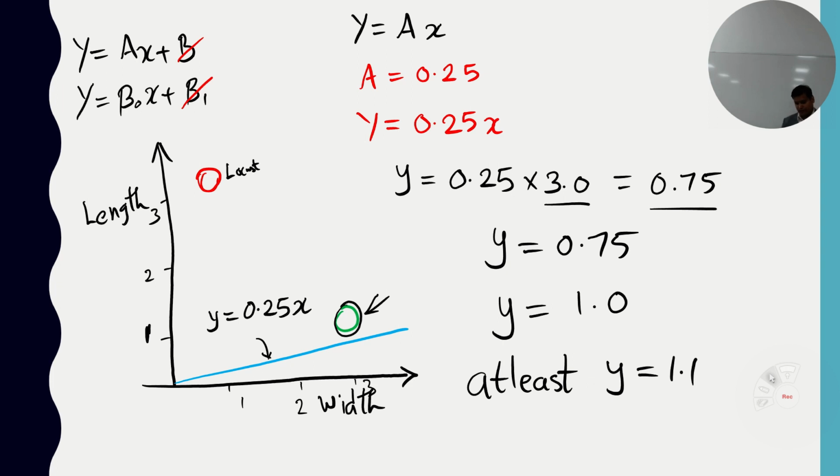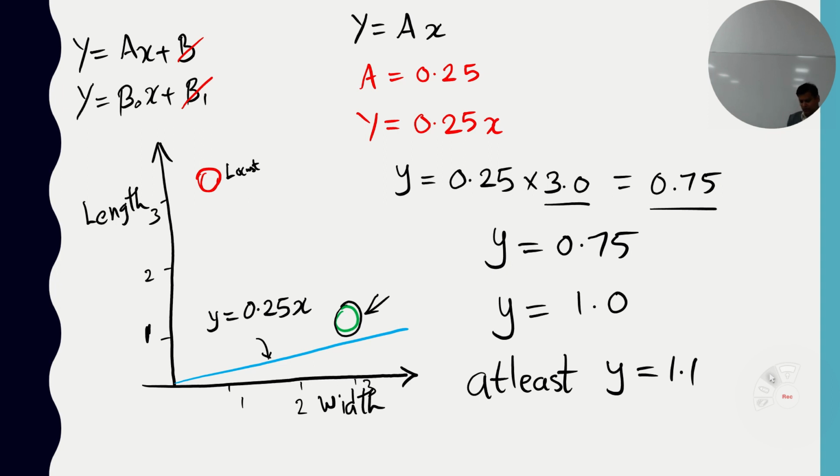Then you can ensure that this line will be over the ladybird. It can be 1.2, it can be 1.3 as well. But one thing we can be sure of is that it cannot be 100 or 1000, because from this example it is very clear that 1.1 is quite reasonable for this scenario.